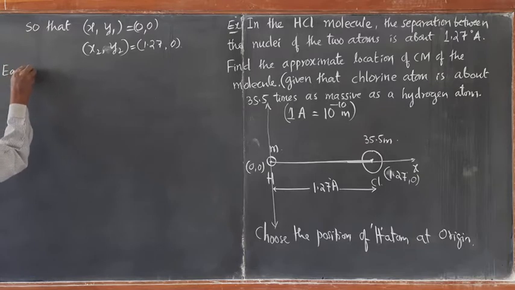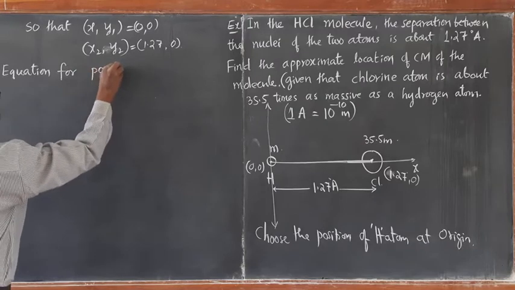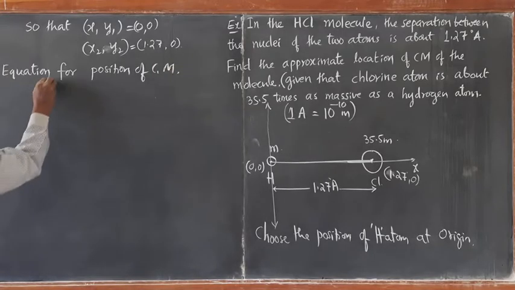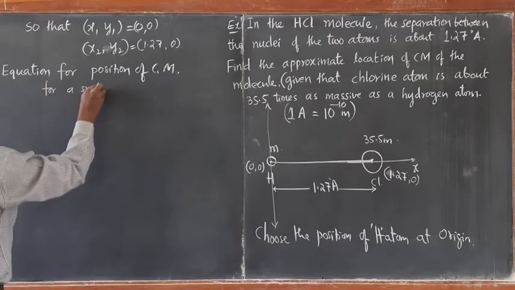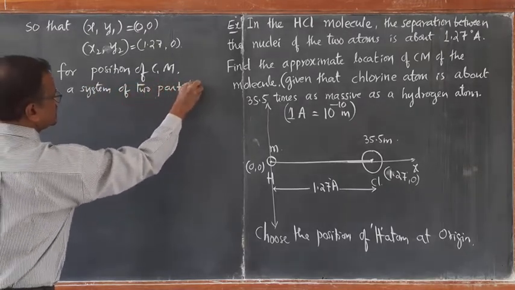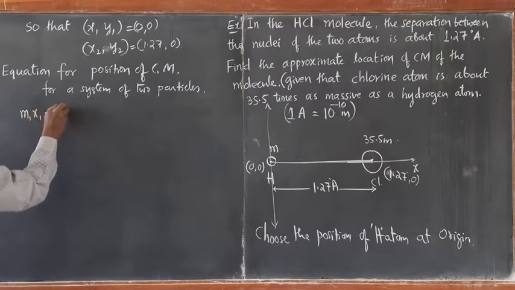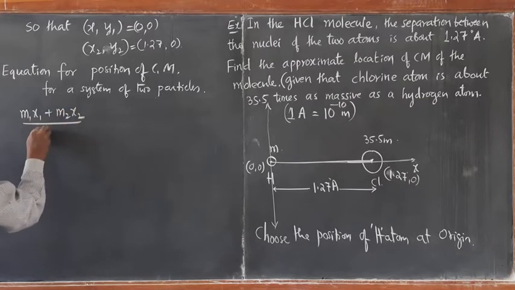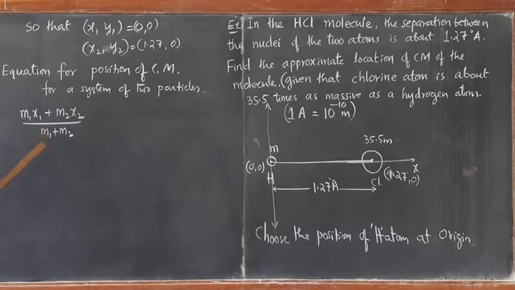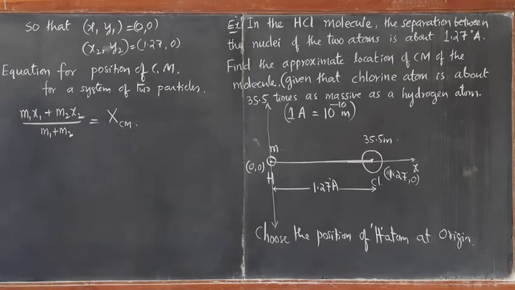Now we write the equation for the position of the center of mass for a system of two particles: m1x1 plus m2x2 divided by m1 plus m2 is equal to the position of the center of mass.